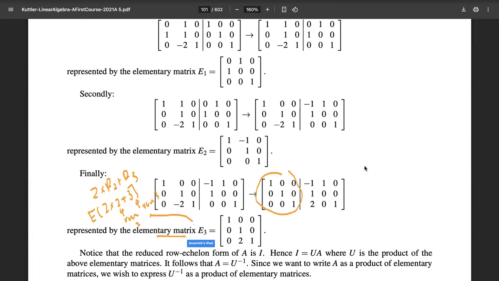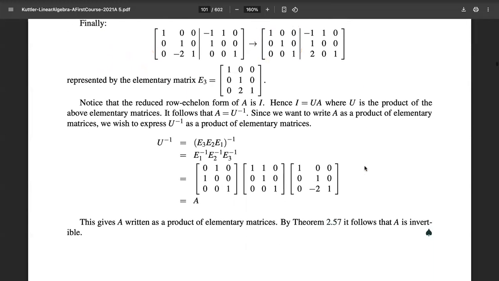So we have 3 elementary matrices. We did E1 first, E2 next, E3 third, and then we have I, right? So let me write it down: E3, E2, E1, AI.